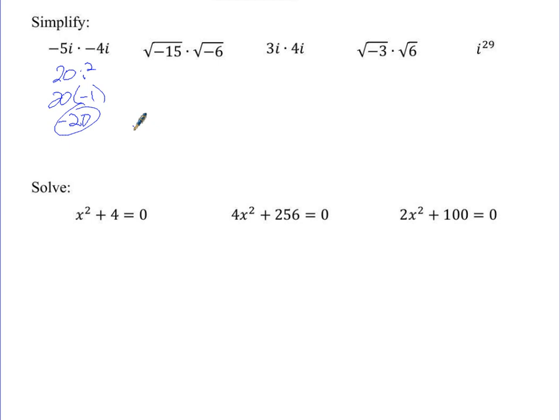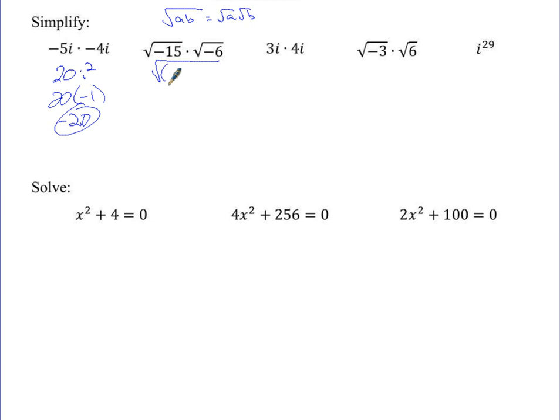The square root of negative 15 times the square root of negative 6. Can I multiply those two numbers together? Yes, I can. If you remember the property where we have the square root of a times b equals little square root a, little square root b, this works both ways. This is what I'm looking at right here. I can go the other way and put both of those numbers together under the square root.